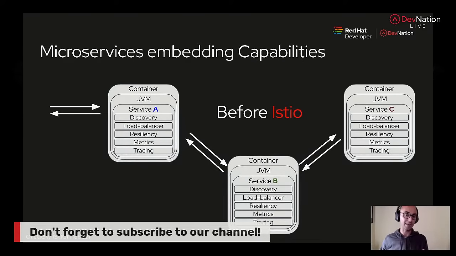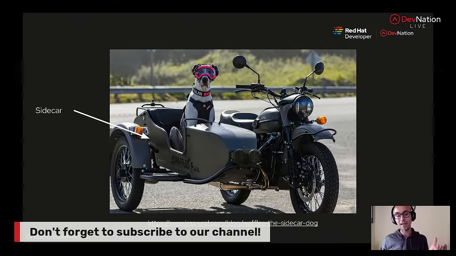So before Istio, we had something like that. With Istio, thanks to the sidecar container, and remember that the sidecar container is just a container that is inside the same pod as the main container, it gives you some features that are not in the main container.